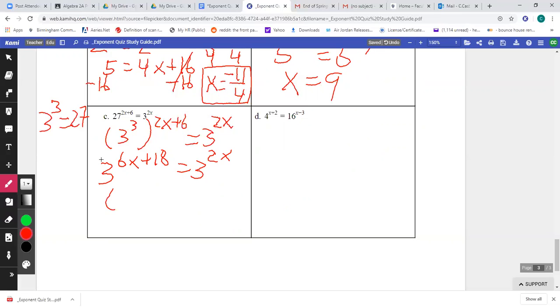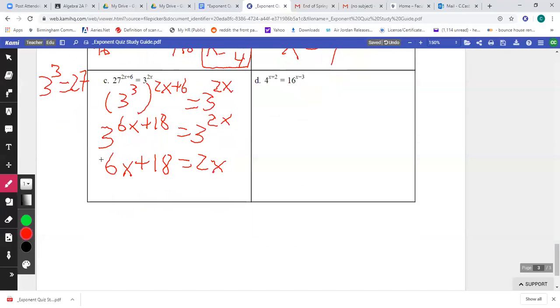So this is going to be 6x plus 18 is equal to 2x. Then I'm going to move my x's to one side, so 18 is equal to negative 4x.